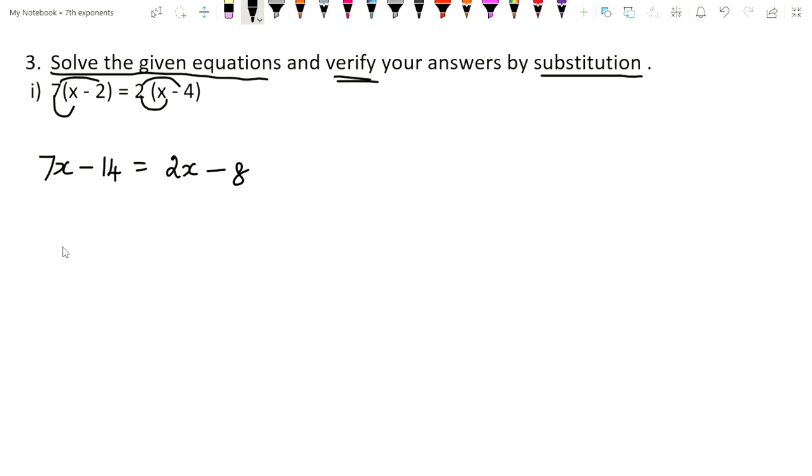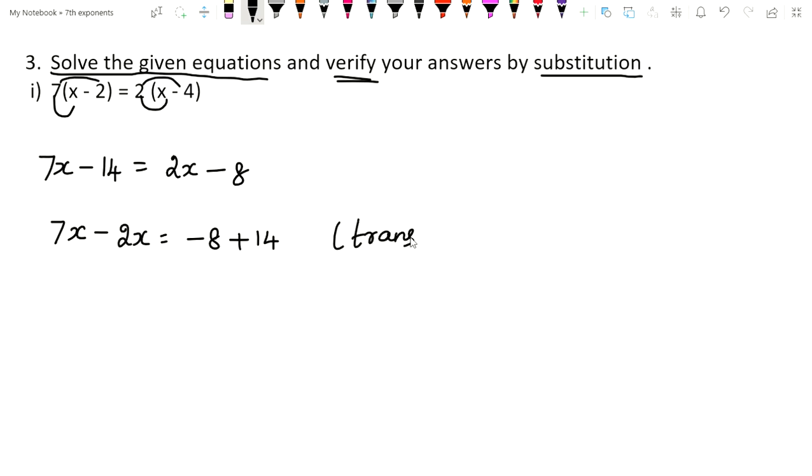Okay. So 7x minus 2x equal to minus 8, and minus 14 will change to plus 14 on the other side. So what I am doing?